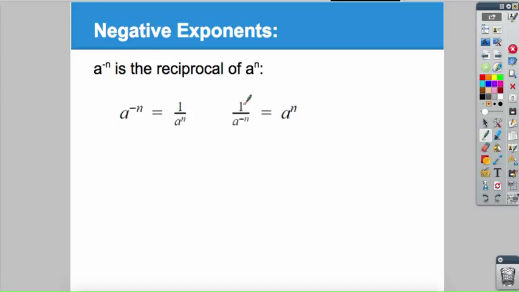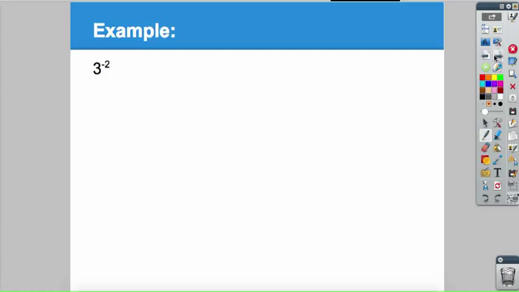And if I have 1 over a to the negative n, it's going to come to the top, or I could write this as a fraction here. And notice that anytime I change the location of my exponent, it does become positive, but it just changes its location within my fraction. So that's the definition of a negative exponent.